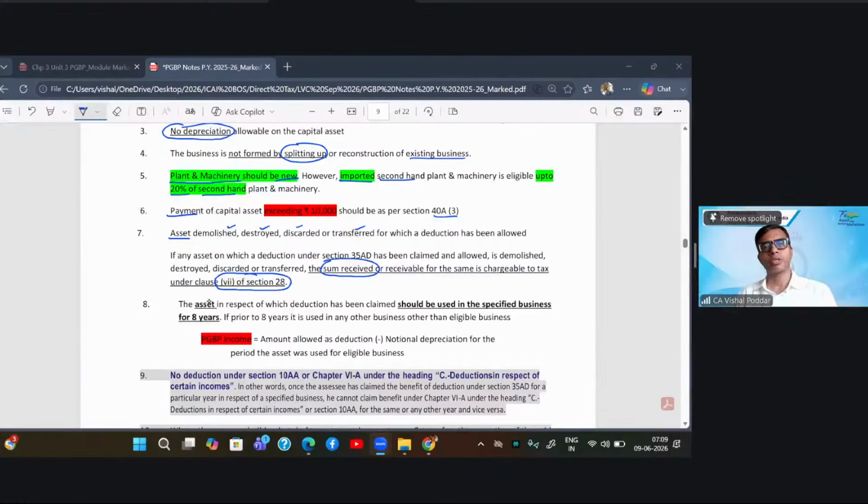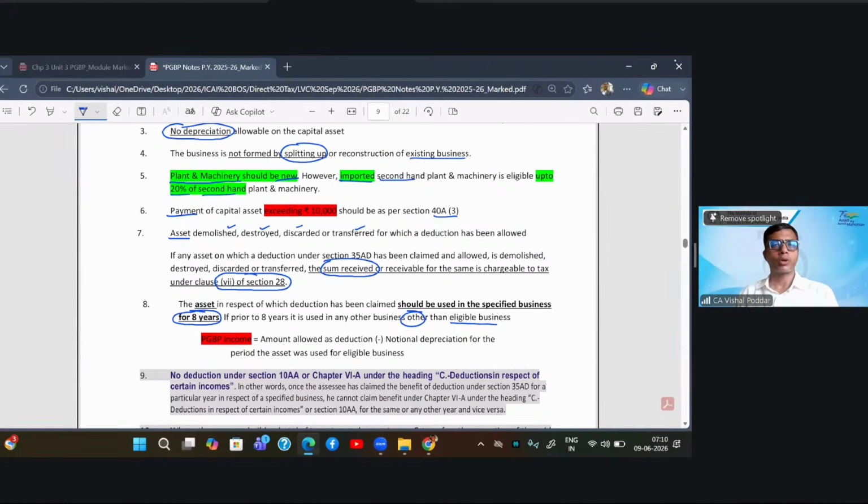Another restriction is if you are not selling the asset, but within 8 years from purchase, you start using the asset for a business other than the specified business, then there is a problem.